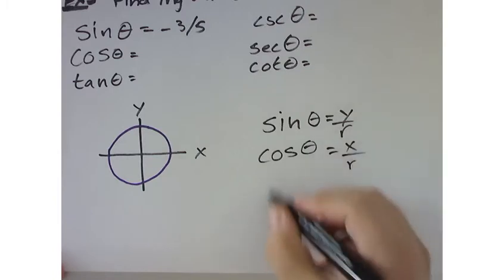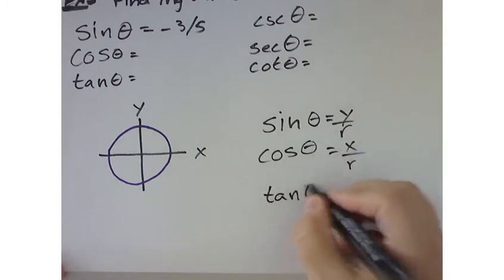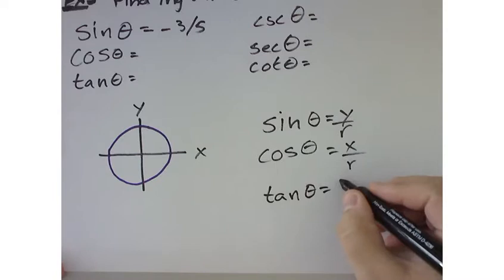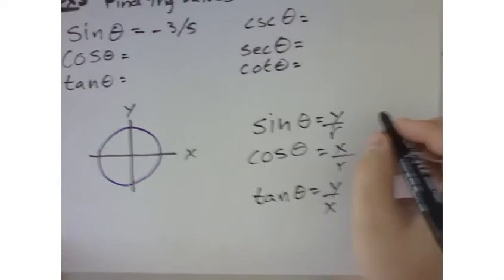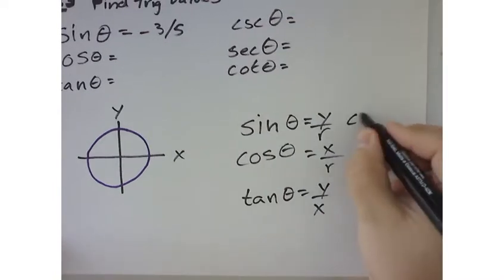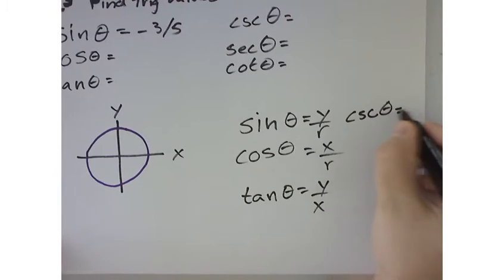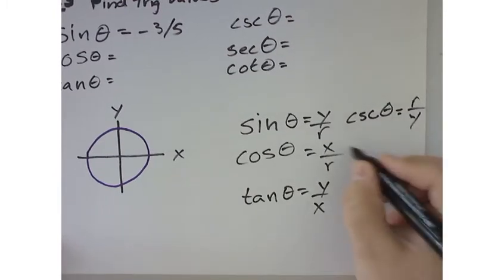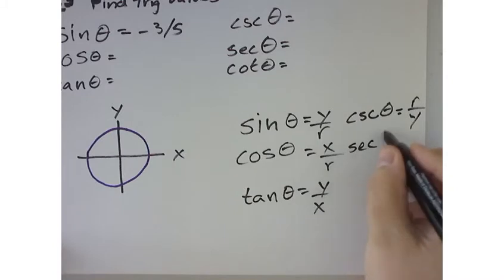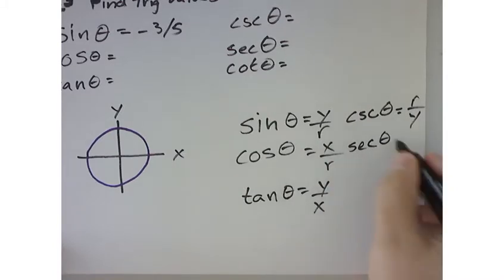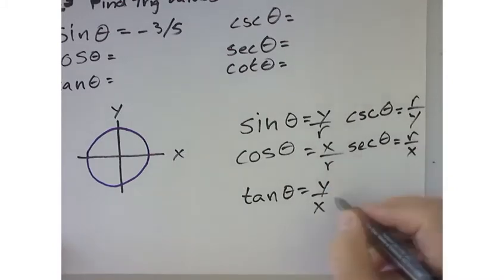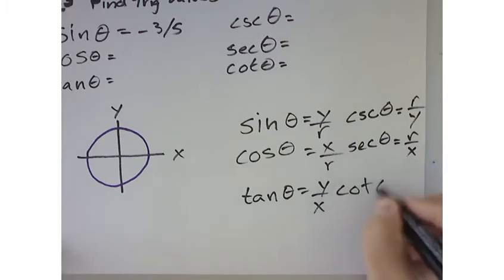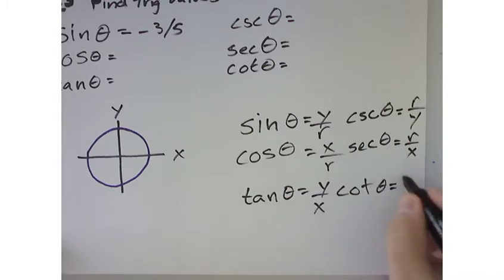Tangent of theta was equal to y over x. And then the reciprocals: cosecant of theta, you just flip them, is r over y. Secant is the reciprocal of cosine, so instead of x over r, it's r over x. And cotangent of theta is x over y.